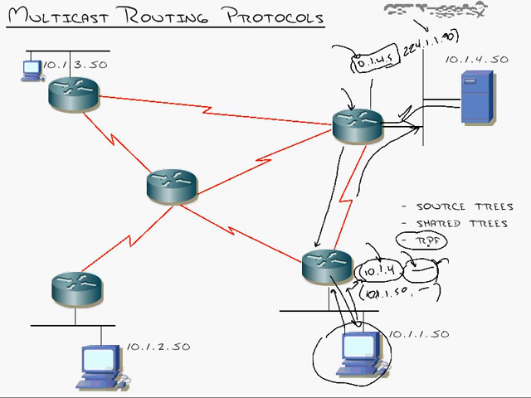What RPF does is it tags the interfaces that the frequency is coming in on. It's looking up in the routing table saying, okay, what's the best way to reach this 10.1.4.50 server back here, and it says, well, the best way to get there is out serial 0. So it builds a reverse path table to that server.